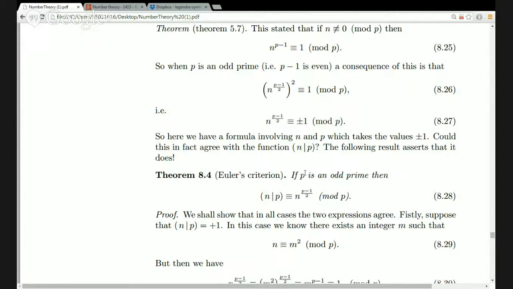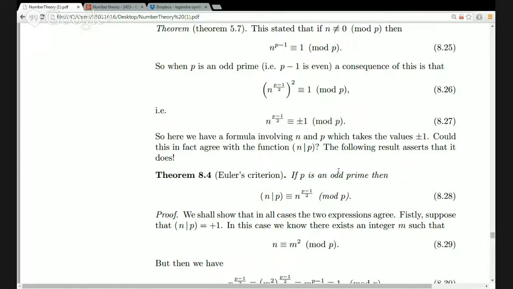But the key point is to get 2 descriptions of this, one of which features minus 1 to some power, minus 1 to a power m. Once you get it to some power of minus 1, then you'll be able to use the approach we just used in the previous argument, that powers of minus 1 are easy enough to understand. It just depends whether the exponent is odd or even.